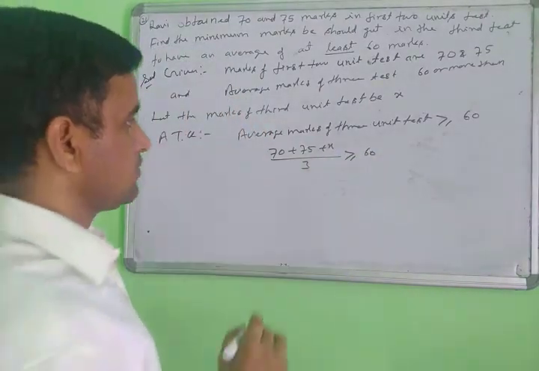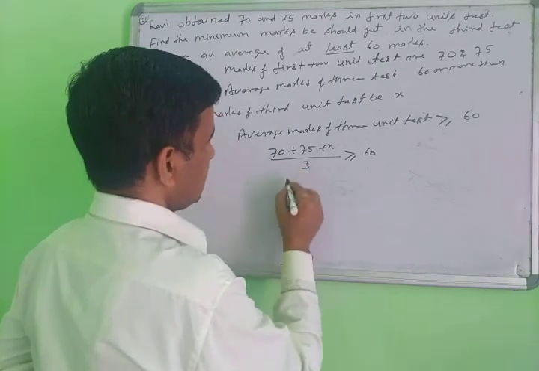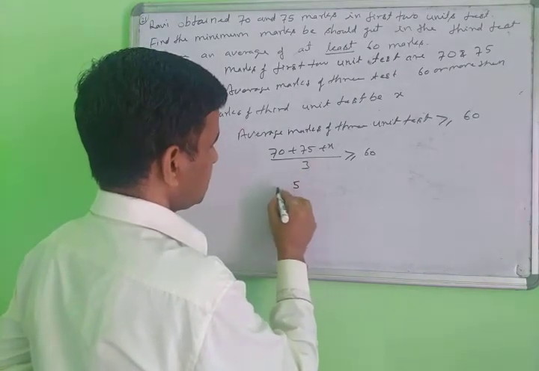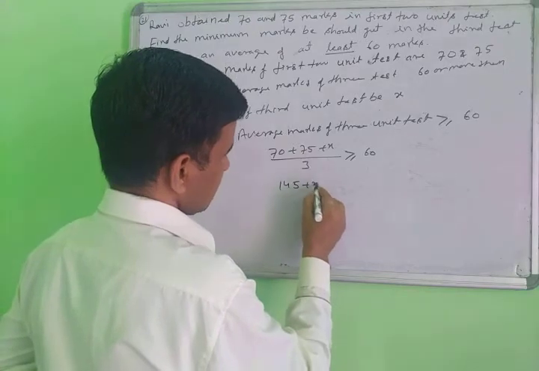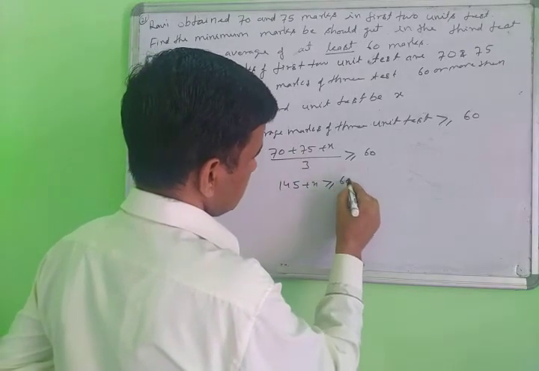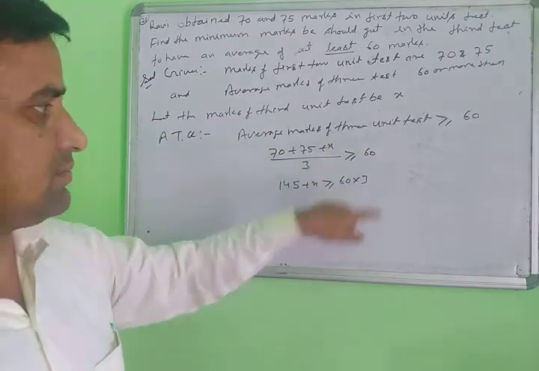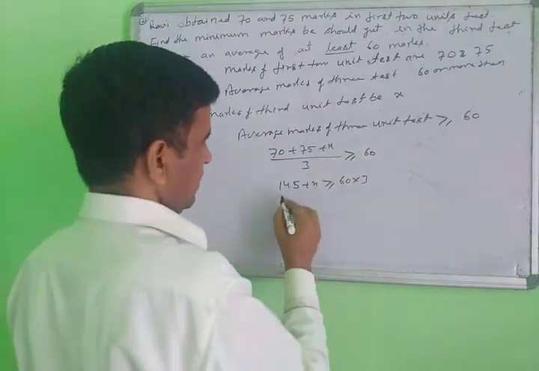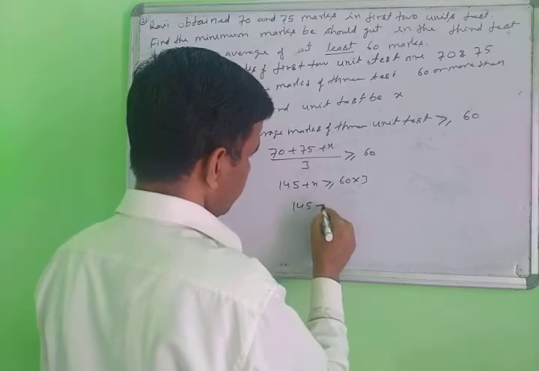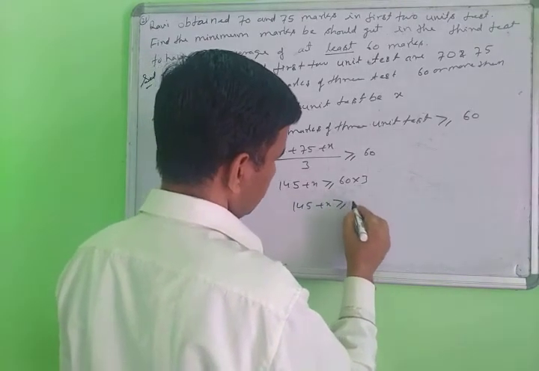Then you cross multiply here. Addition here: 70 plus 75 plus X is greater than or equal to 60 into 3. This 3 is cross multiplied here. Then 145 plus X is greater than or equal to 180.